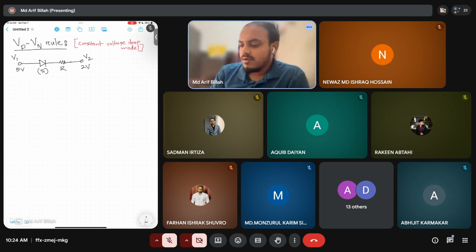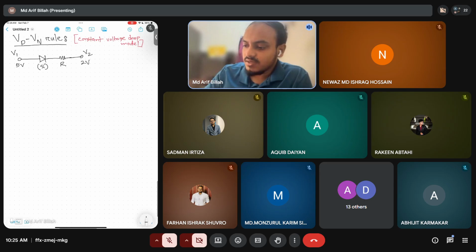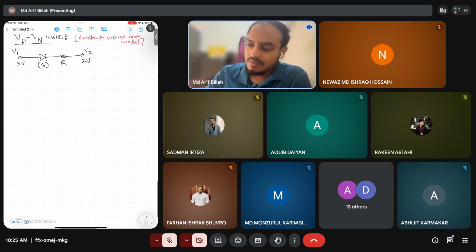So you have two different potentials at two ends of a circuit with a diode and a resistor. এখন let's say you have to solve this circuit. তাহলে first off, you need to know if the diode is forward biased or reverse biased.